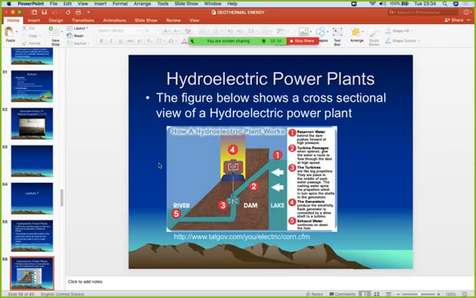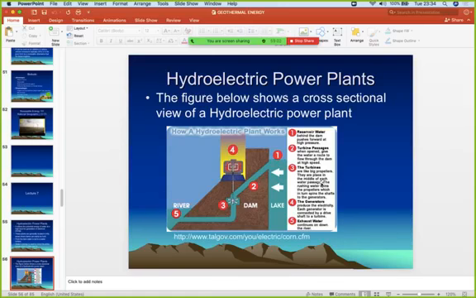The figure below shows a cross section of a hydroelectric plant. Now we have the parts here. Number one is the reservoir, which is the lake. Number two, the turbine passages. This one, mentioned last time, is the penstock.